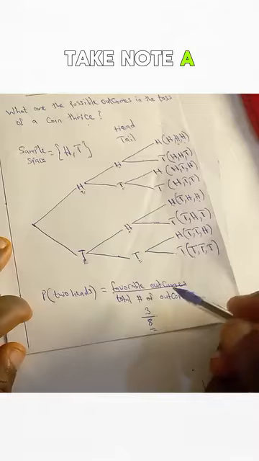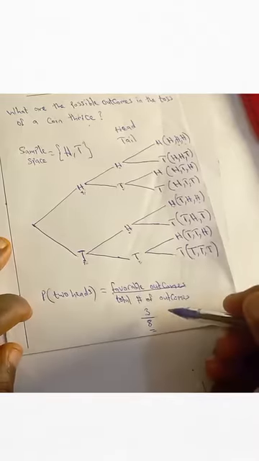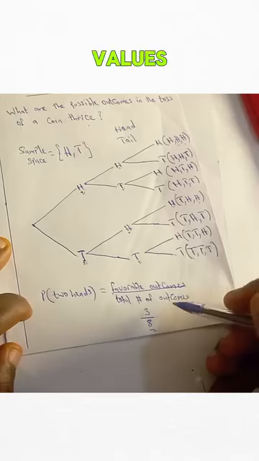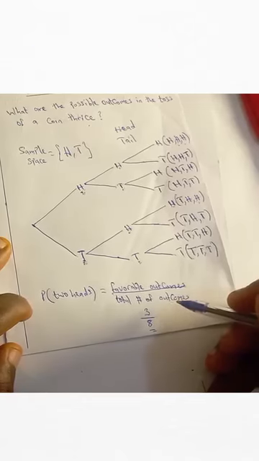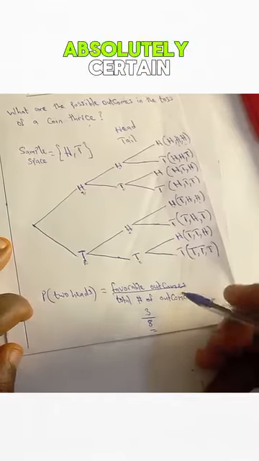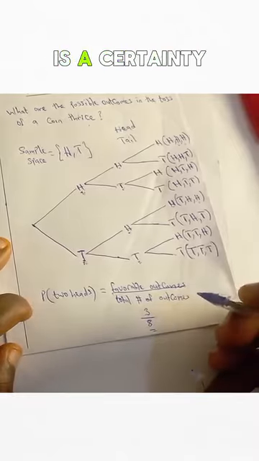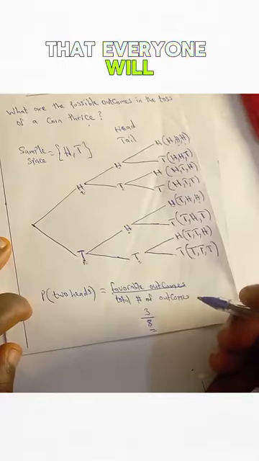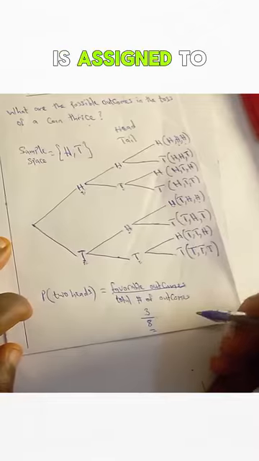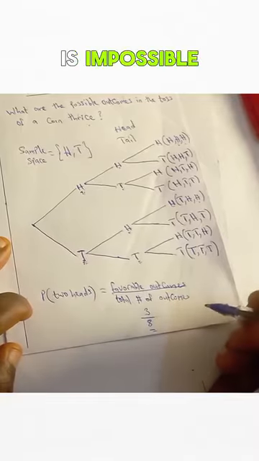Take note, a probability can never be negative, and a probability can never be greater than 1. So all probability values are between 0 and 1. A probability can be equal to 1 for events about which we are absolutely certain. For example, it is a certainty that everyone will die someday. The probability of 0 is assigned to an event which is impossible.